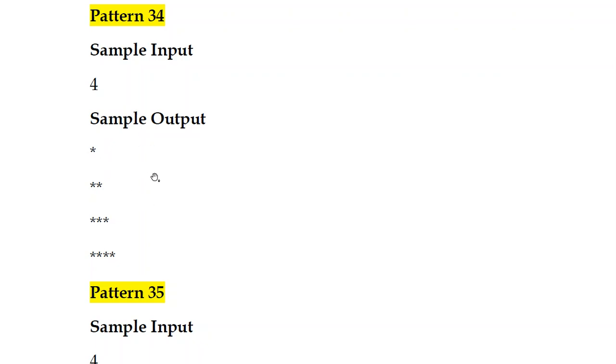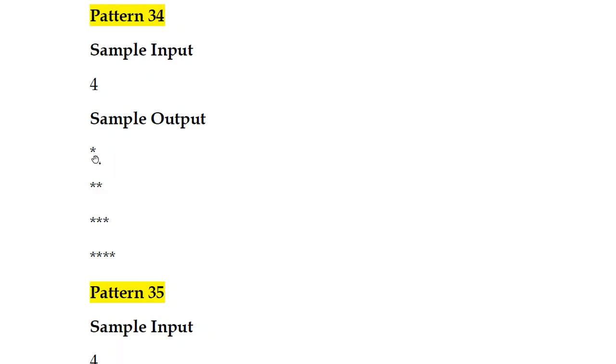Next, J indicates the number of times I'm printing in each and every row or line. First row means one time I'm printing, second row means two times printing, third row means three times, fourth row four times.